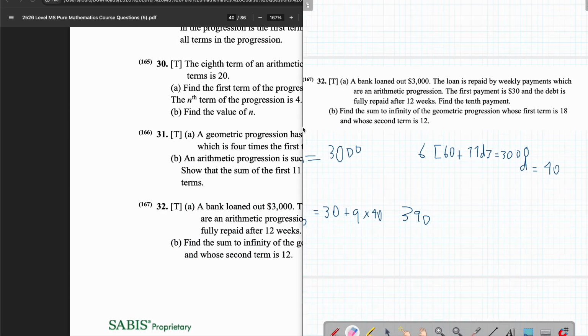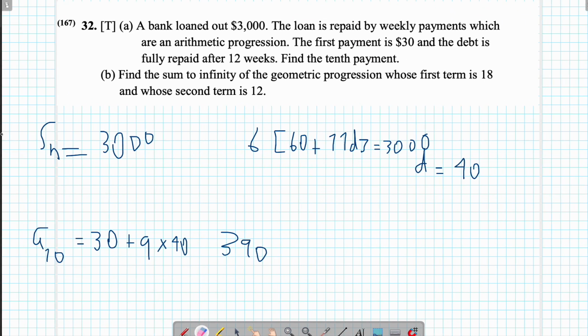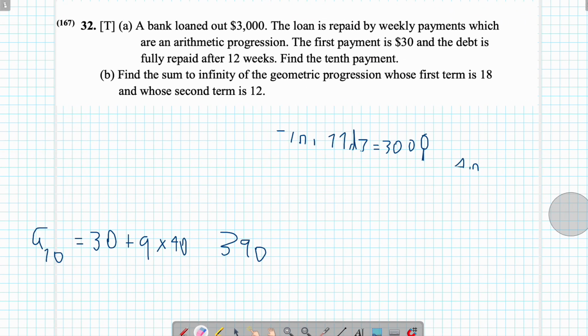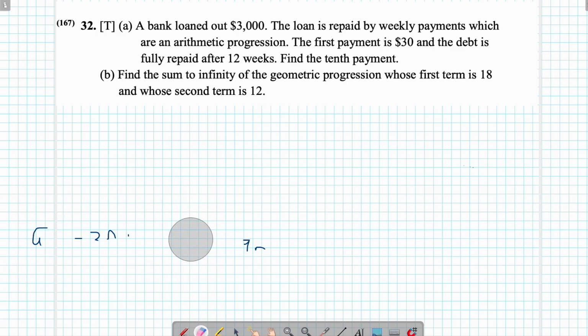Find the sum to infinity of the geometric progression whose first term is 18 and whose second term is 12. First we need to find r, which is 12 over 18, which is equal to 2 over 3.